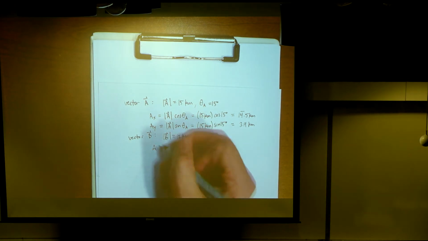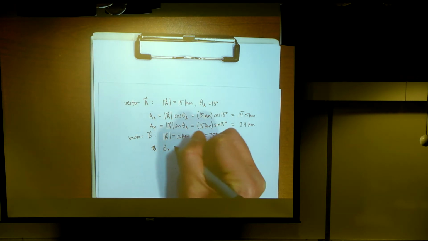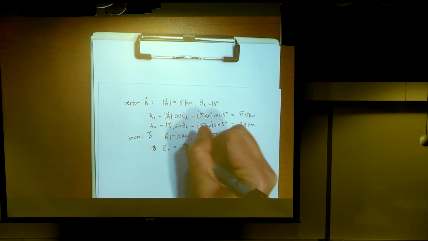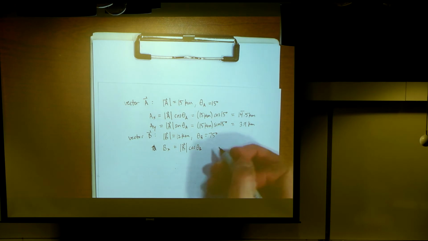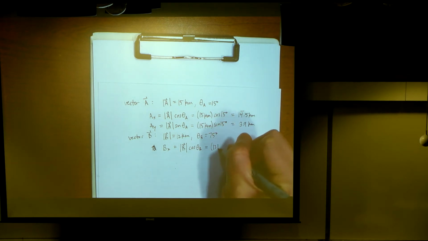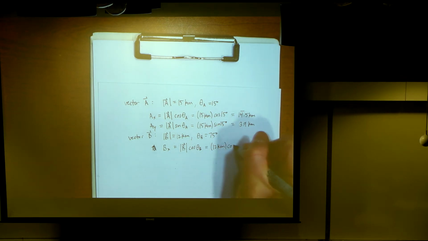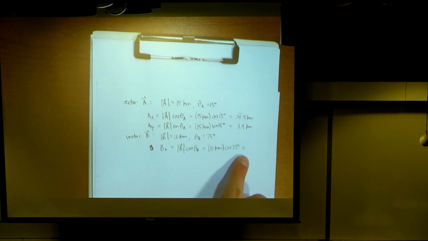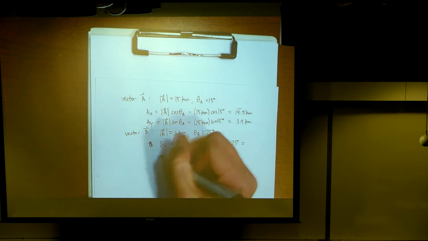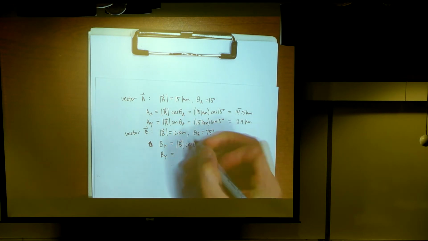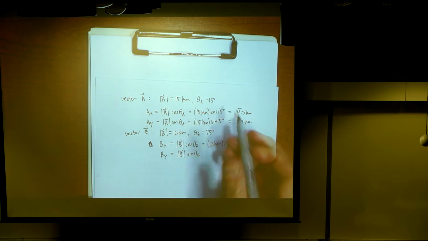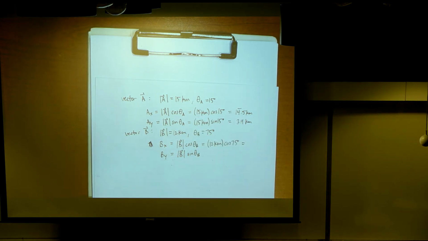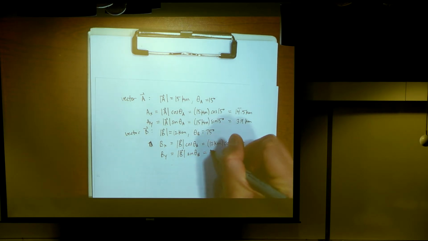So we'll play the same game with vector B. Bx is magnitude B, cosine of the angle for vector B, for which we'll plug in 12 kilometers and cosine 75 degrees. So punch that into your calculator. And then for the y component, we'll have the magnitude times sine of the angle. So it's just the same exact idea, just applied now to vector B.